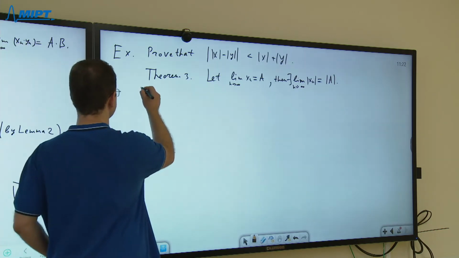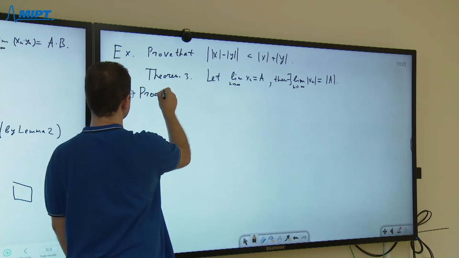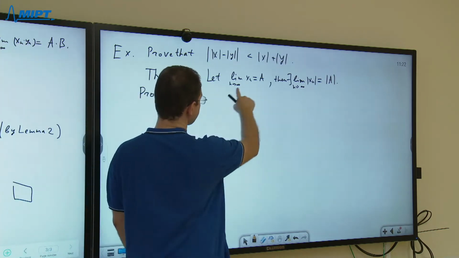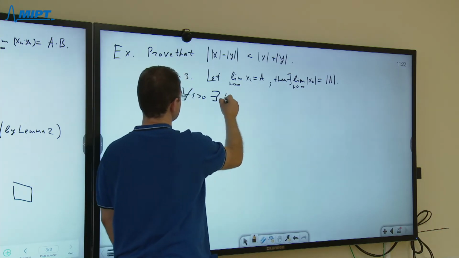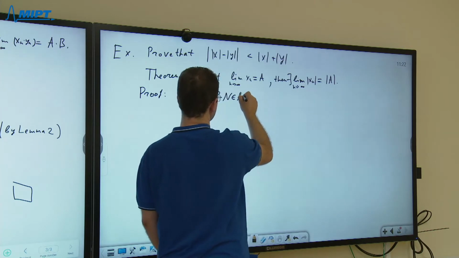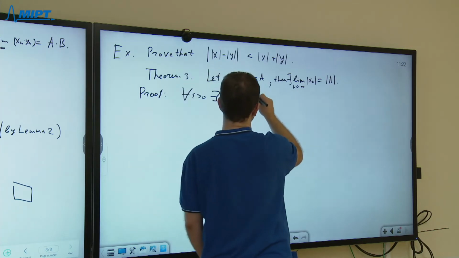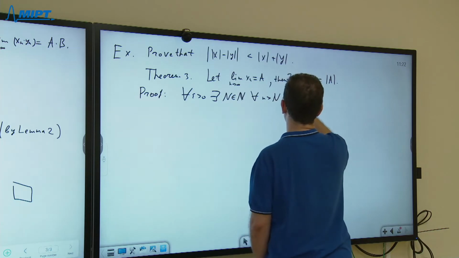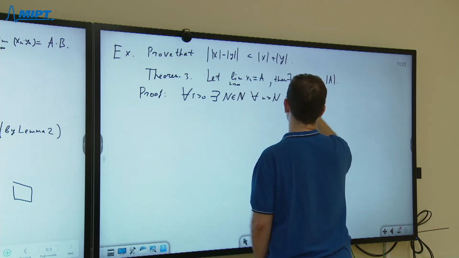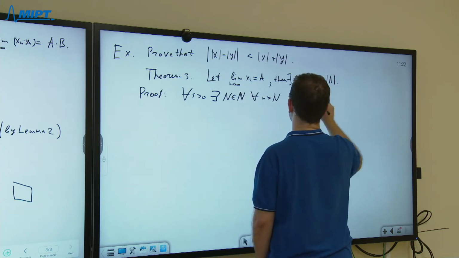Proof. Let's write down this definition. Absolute value of xn minus a less than epsilon.